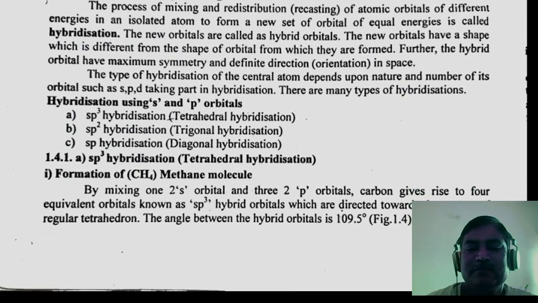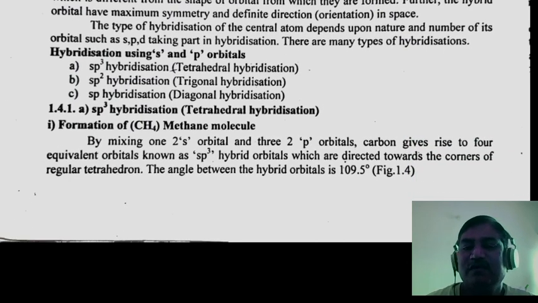This is the simplest definition of sp3 hybridization: by mixing of one 2s orbital and three 2p orbitals of carbon so as to give four equivalent sp3 hybrid orbitals which are directed to the corners of a regular tetrahedron, and the overall hybridization is called tetrahedral hybridization or sp3 hybridization.